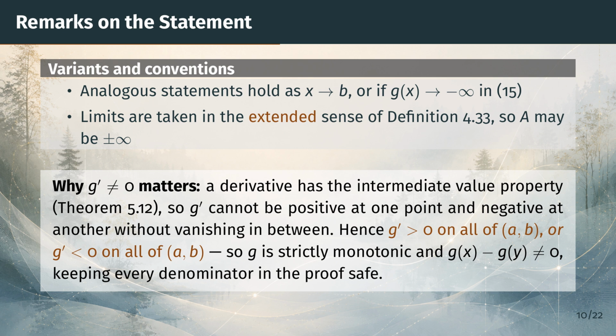Therefore, g prime keeps a single sign on the whole interval. Either it is positive everywhere, or it is negative everywhere. Either way, g is strictly monotonic, so it takes distinct values at distinct points, and every denominator we form in the proof is non-zero. With the statement understood, let's see the geometry behind it.